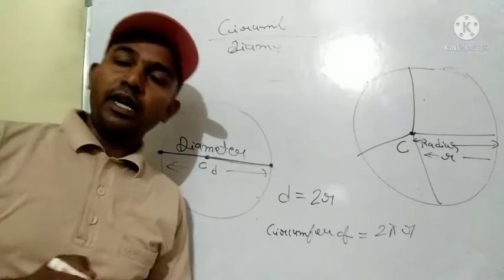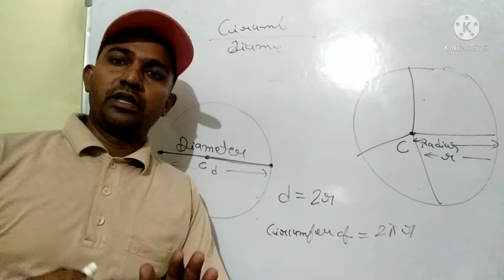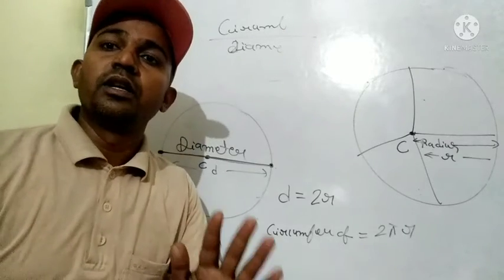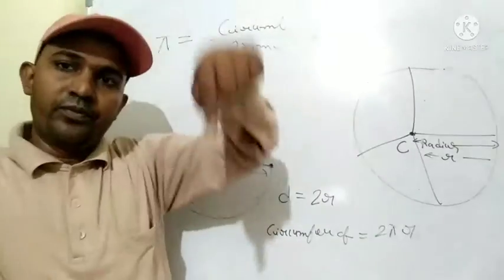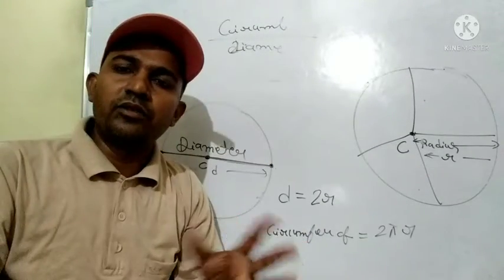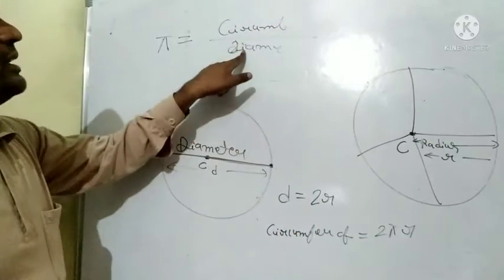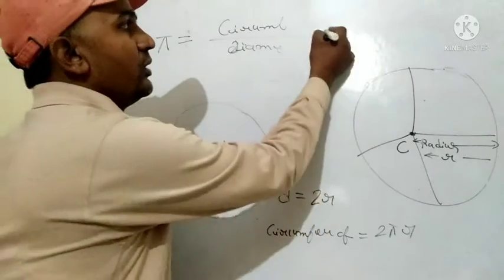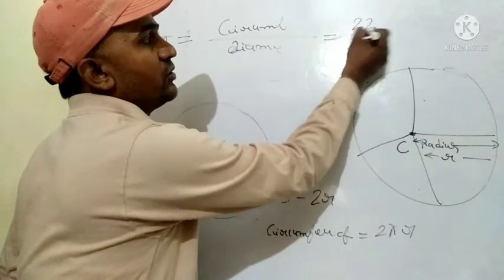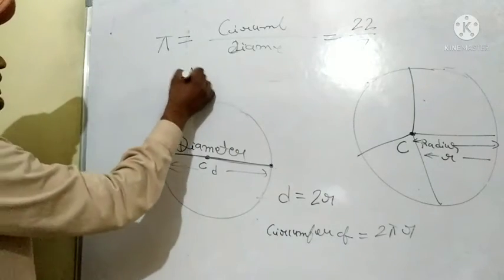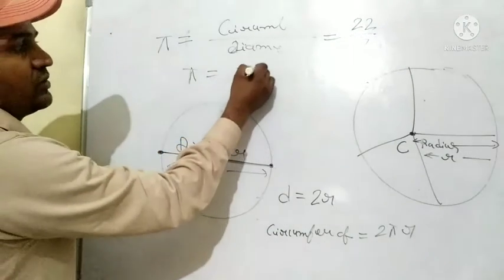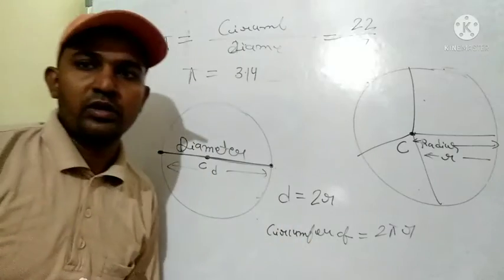Any type of circle, your mom's bangle, a hula hoop, or any circle you take, the ratio of circumference to diameter gives a constant value, that is 22/7. Pi is a simple ratio. Sometimes we use the value 3.14.